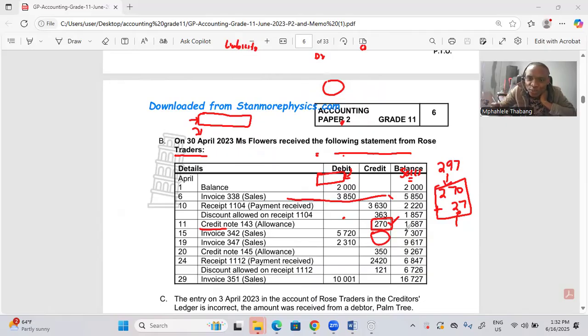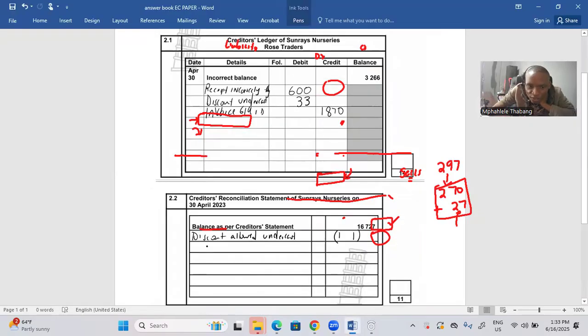So we have to record 27 rand. We must decrease further the amount we owe to the supplier by 27 rand because they decreased to only 270. So we must decrease 27.